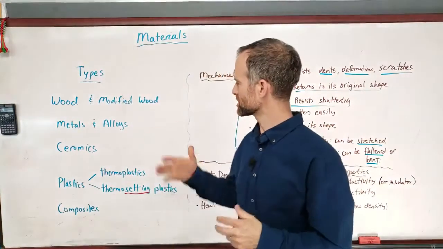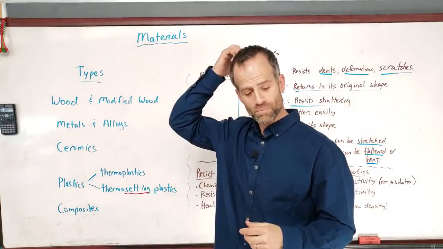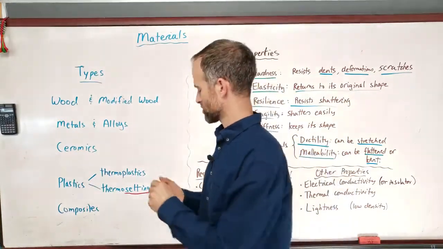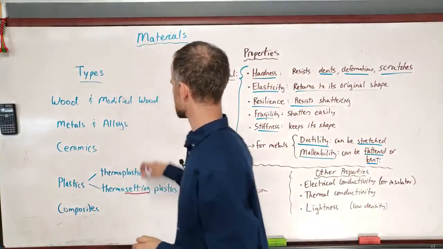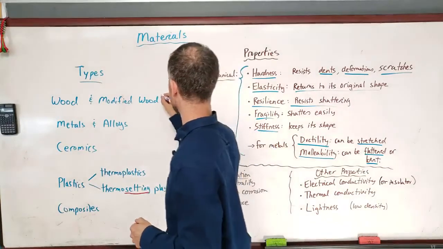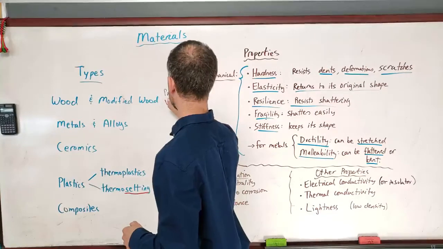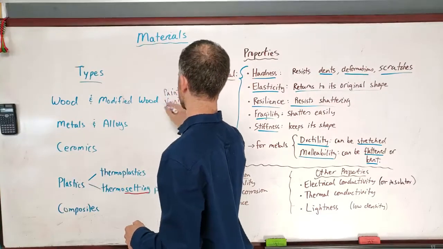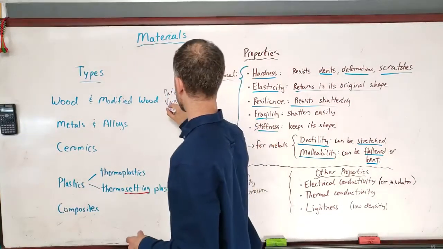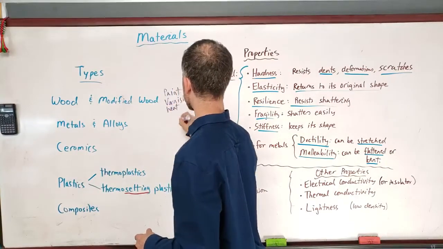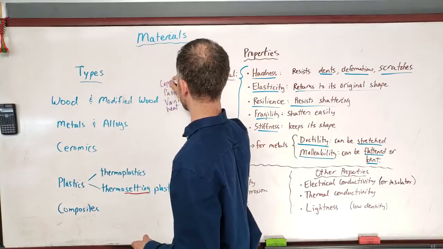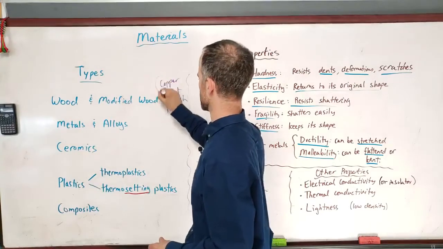Okay, so those are some ways that we could modify the properties of metals, right? So I'm going to write how to modify these properties, okay? So it could be paint or varnish for wood. We could heat it, or we could use a copper solution to resist rotting.